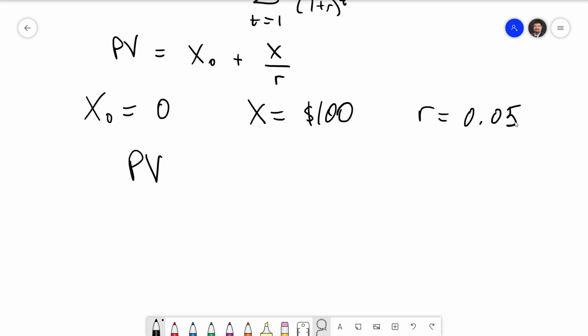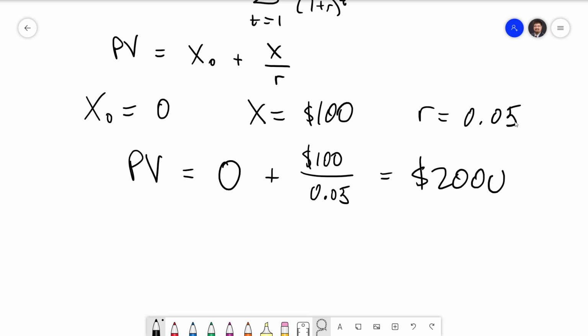To calculate the present value of this income stream, we'll just plug in the numbers. x naught is 0. x is $100, and our interest rate is 0.05. Dividing by 0.05 is the same as multiplying by 20, and so that's going to give us a present value of $2,000.